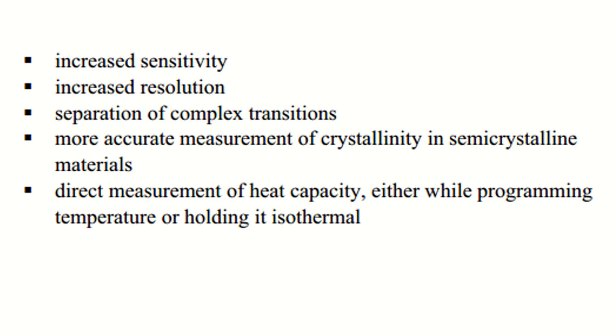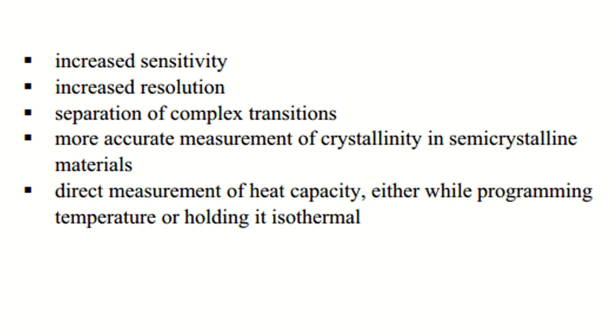In general, modulated DSC provides the following advantages over traditional DSC. Number one, increased sensitivity. Number two, increased resolution. Number three, separation of complex transitions. Number four, more accurate measurement of crystallinity in semi-crystalline material.